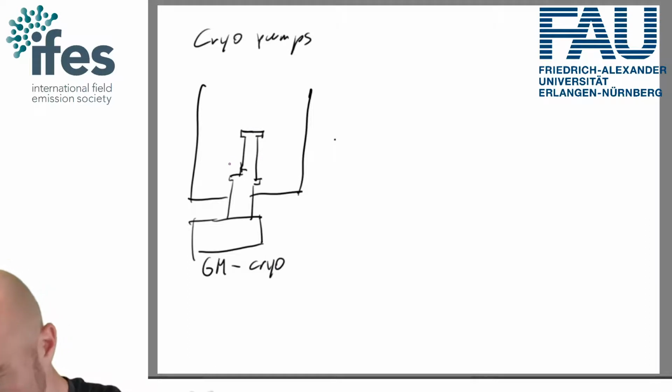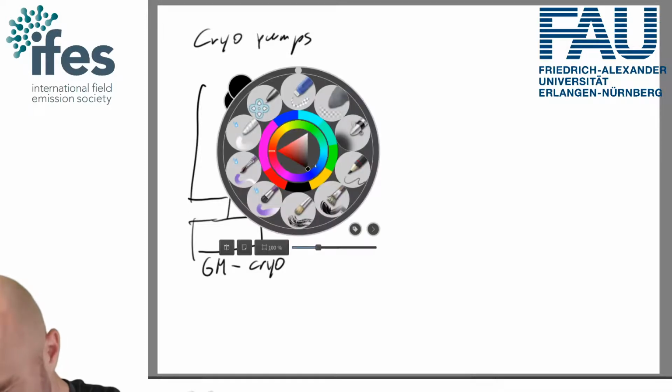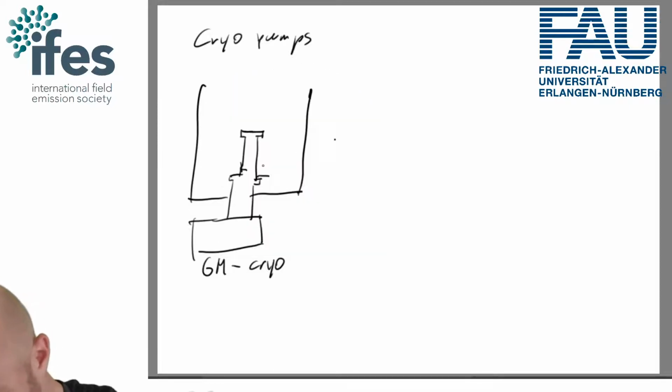So you'll have a GM cryo, and the GM cryo has two stages. Again, we'll get to why and what and so on at a later point. And you'll have a stage 1, which will be at about liquid nitrogen temperatures.